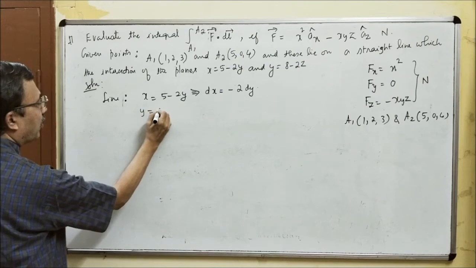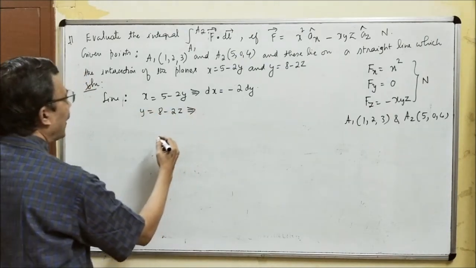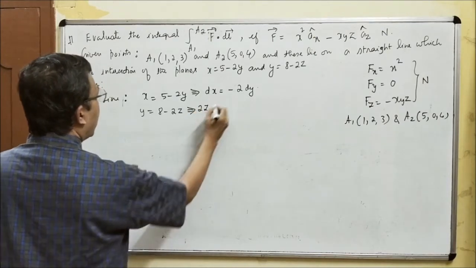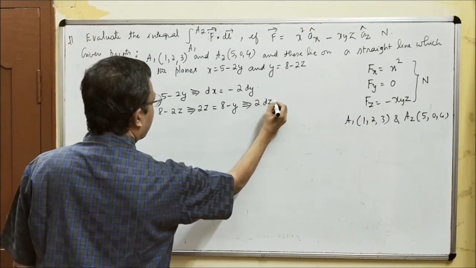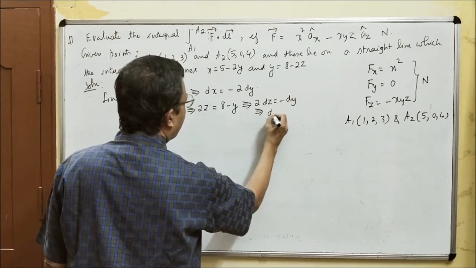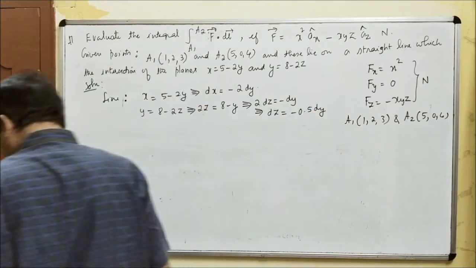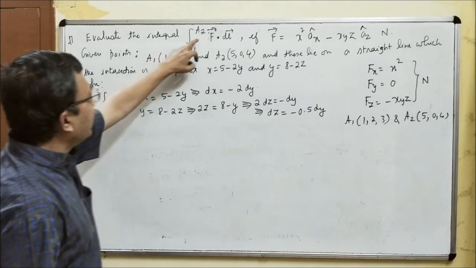Then given y is equal to 8 minus 2z, this implies 2z is equal to 8 minus y. This implies 2 dz is equal to minus dy, which in turn implies dz is equal to minus 0.5 dy. Okay, now we will evaluate this integral.